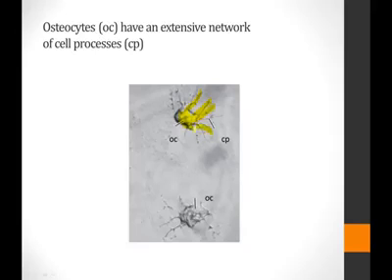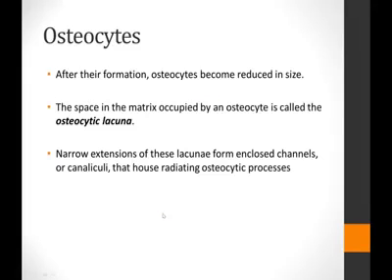All these tree branch-like structures that you can see are the processes of the osteocyte. Okay. So basically, your osteocyte has a cell body and numerous cytoplasmic extensions called the cytoplasmic processes. The cell body resides within the lacunae, and these processes reside within the canaliculi of the lacunae.